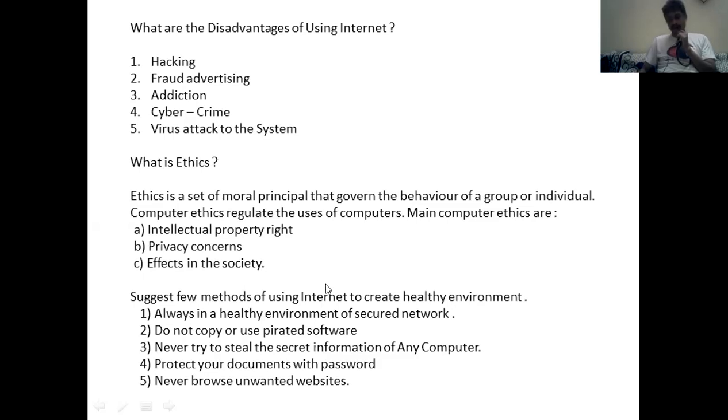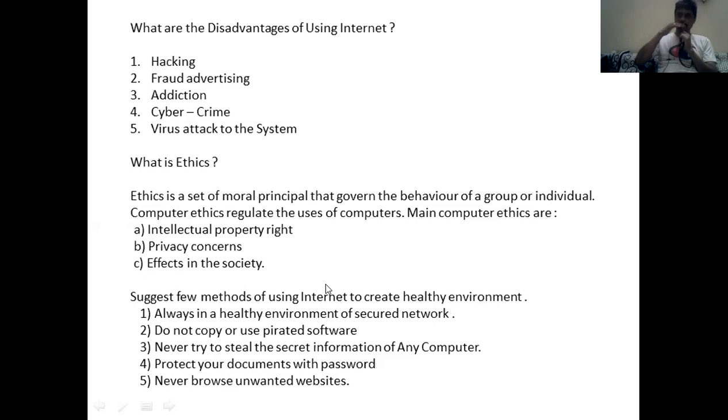Now, what is ethics? Ethics is a set of moral principles that govern the behavior of a group or individual. However, computer ethics regulate the use of computers. Some common uses of computer ethics include intellectual property rights, privacy concerns, and how computers affect society.